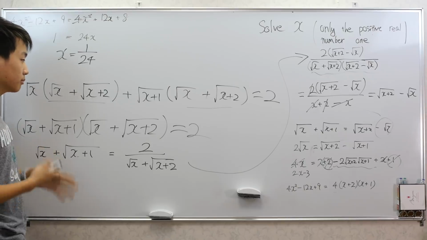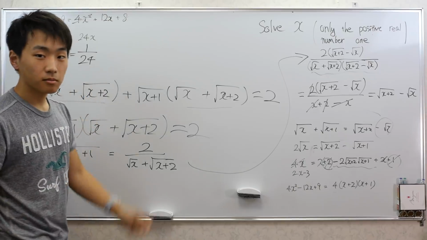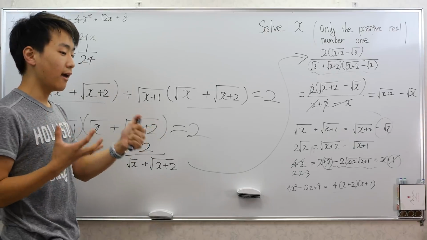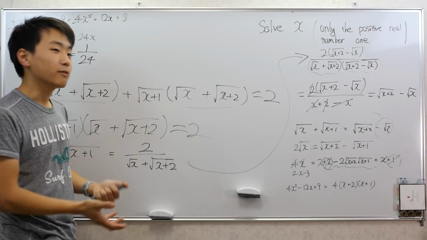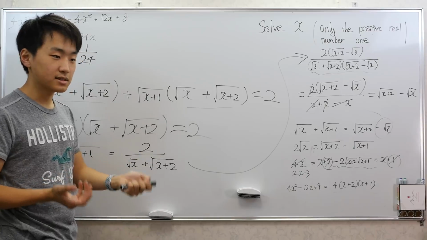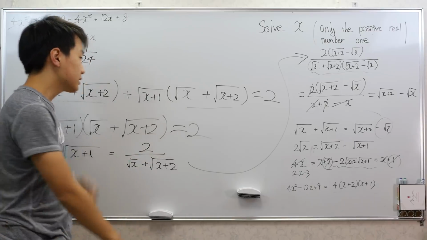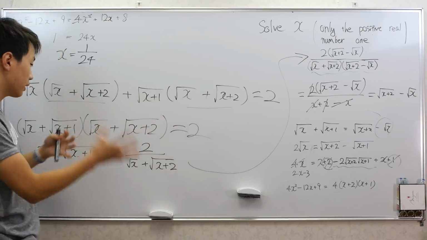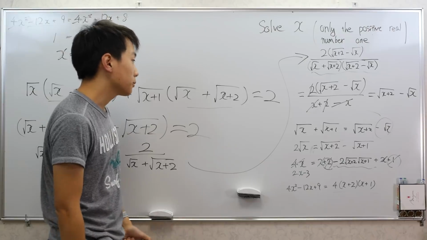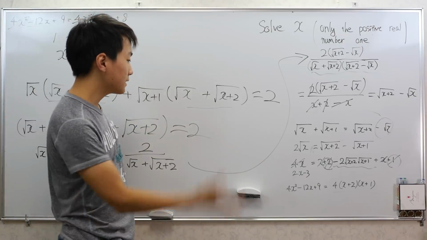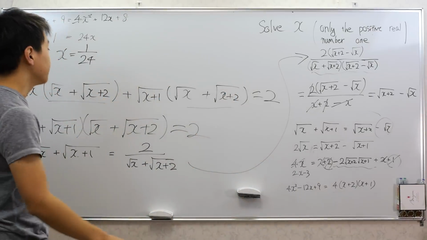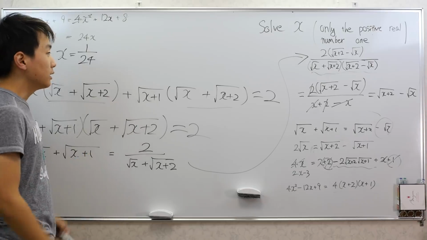This question is about playing with parentheses, and it's not smart to just square everything when you see a square root on one side, because it will make the equation very messy and impossible to solve. After playing around with how to eliminate the square root, or how to make the equation a little bit easier, you end up with a very simple equation in the end.